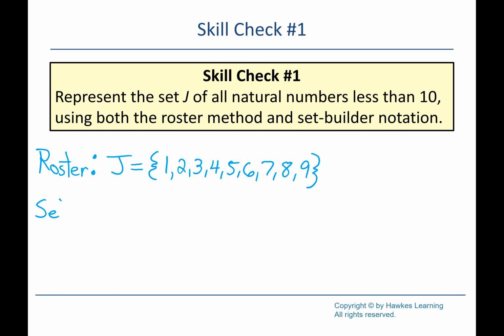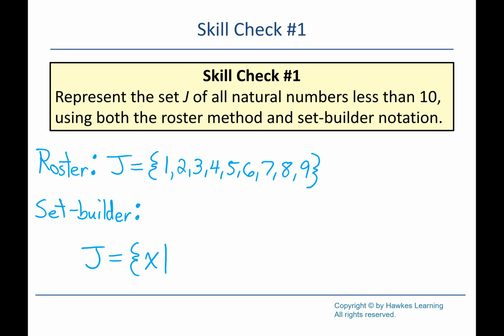Then with set builder, we would say we've got set J. That's the set of x's, or some variable, and we've got our bar that says such that. And then what do we need? We can do it in words if we want to.